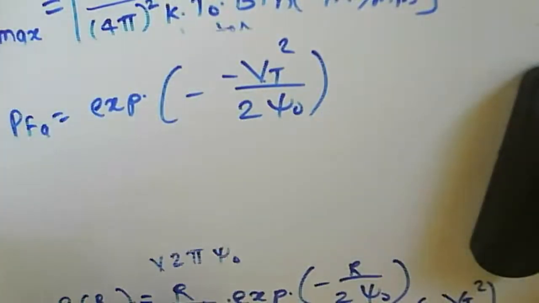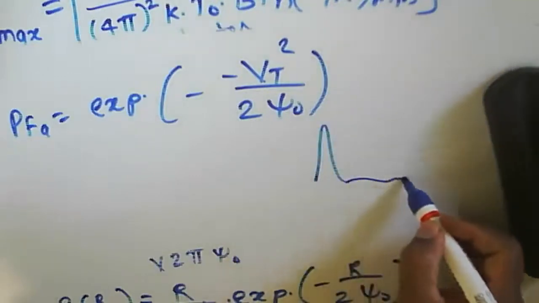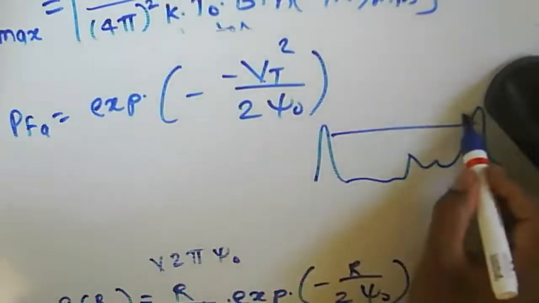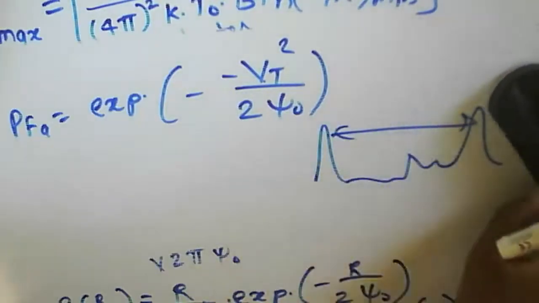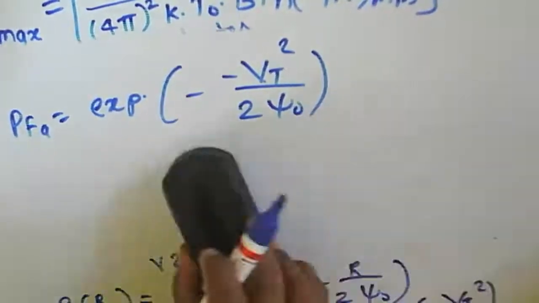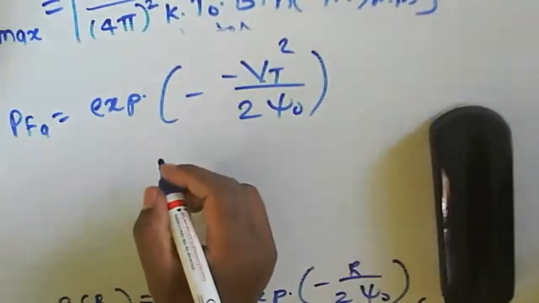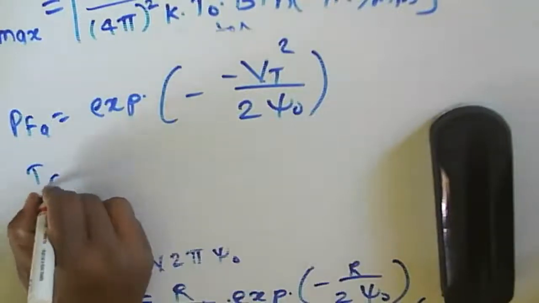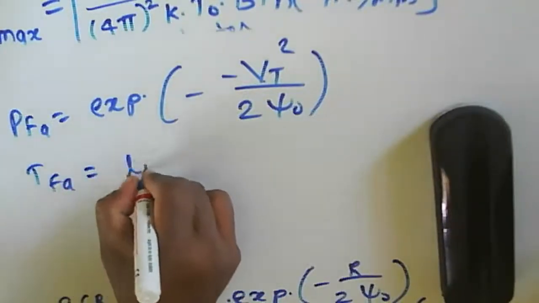So what will be the average time that a false alarm takes place? We can consider that the false alarm time is equal to the limit, as N goes to infinity, of 1 by N, sum over k equals 1 to N, of Tk.